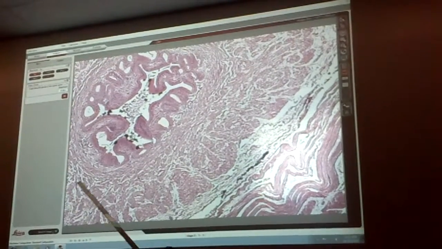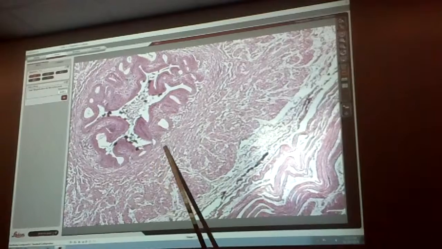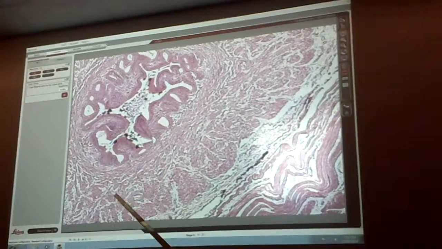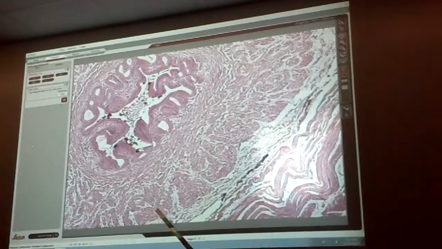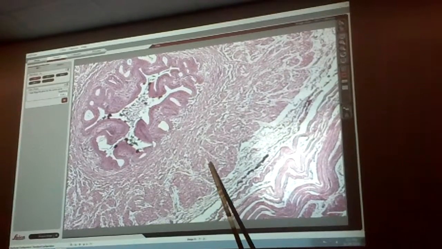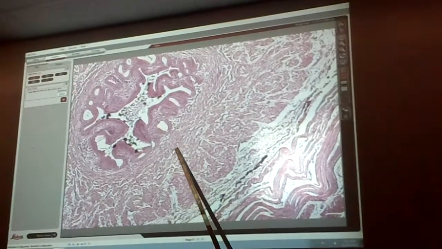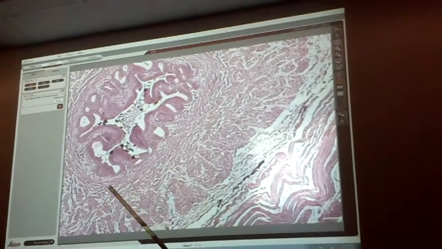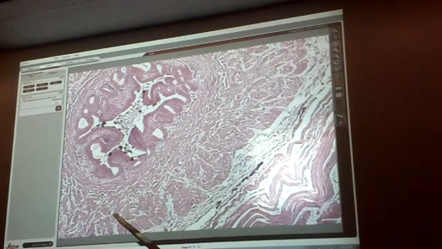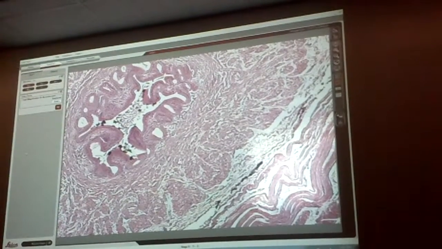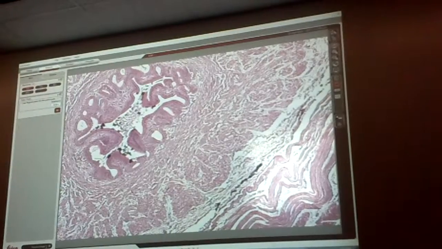We have our longitudinal, you can see it right there, circular, and then our longitudinal out here. It's harder to tell on this one, so we'll make sure to pick one that's a nice clear one.